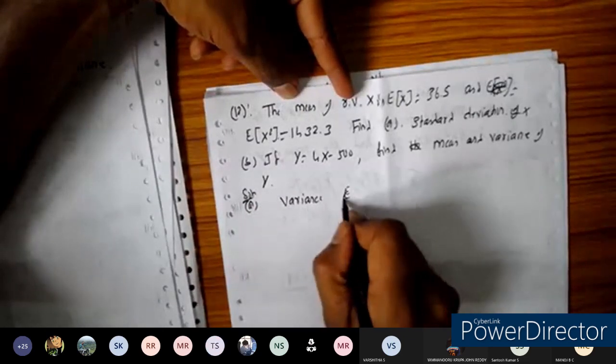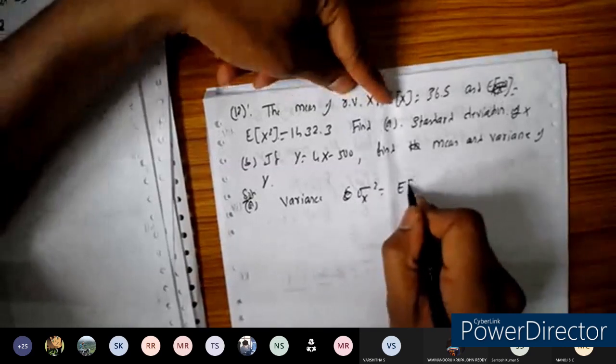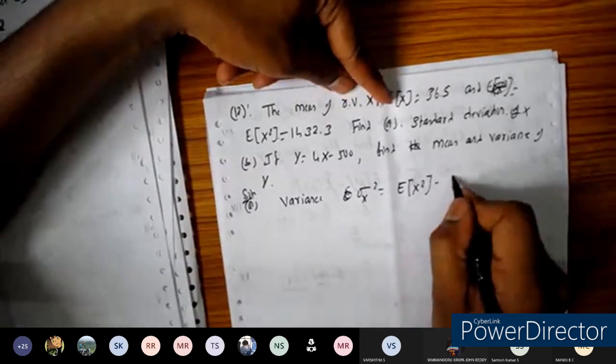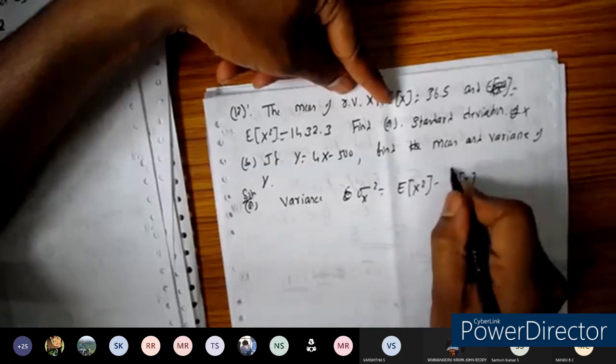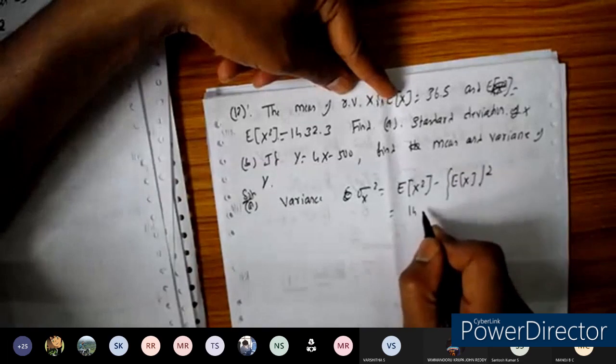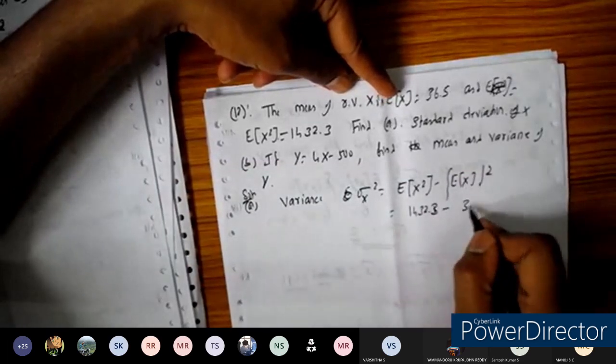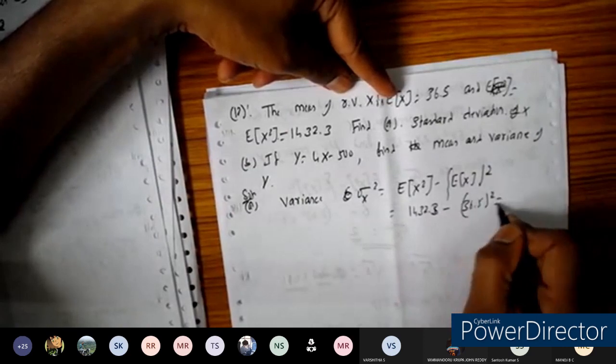So sigma x square is equal to the mean square value, expected value of x square, minus the square of the mean, expected value of x the whole square. So this becomes 1432.3 minus 36.5 the whole square.